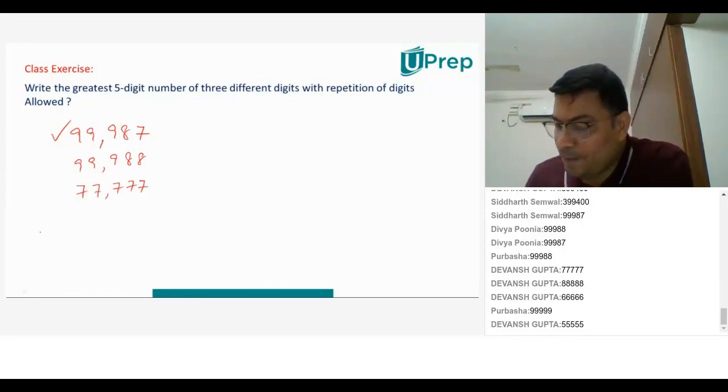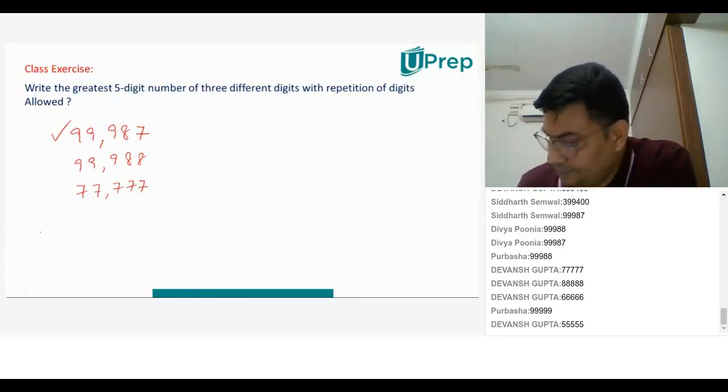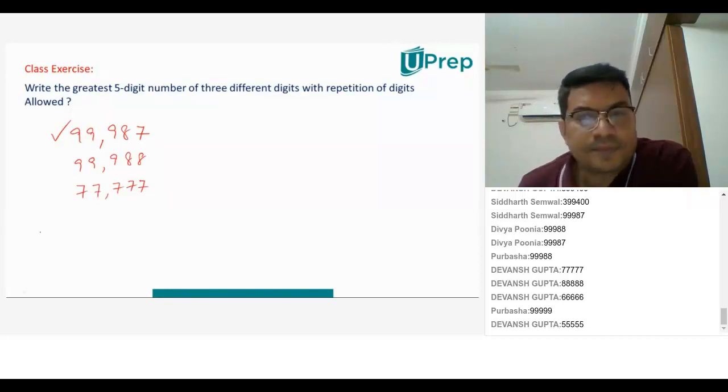Okay. So, Siddharth, would you like to explain to the class? Yes, sir. Go ahead. Because the 9 is the greatest number in these 3 numbers, sir, then the 9 will come thrice because 9 is the biggest number.